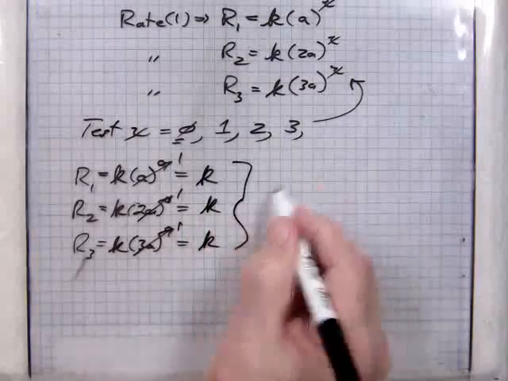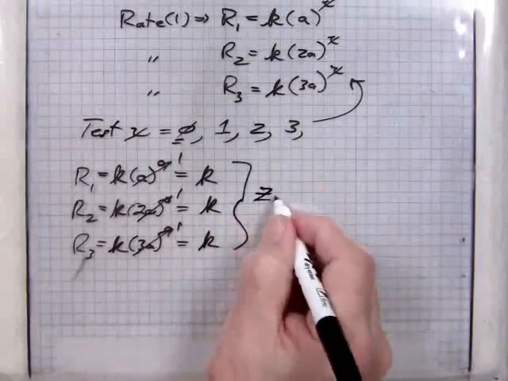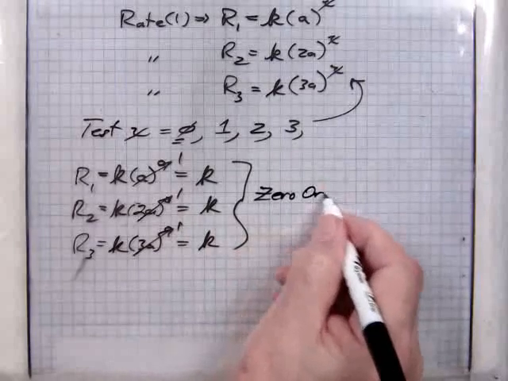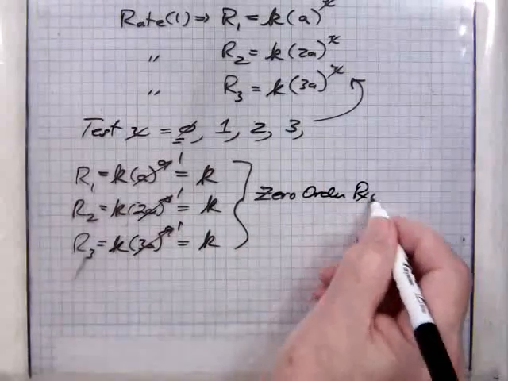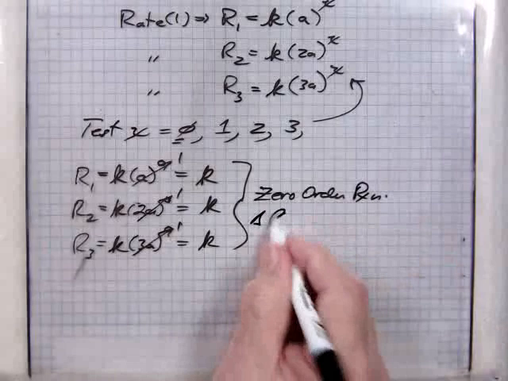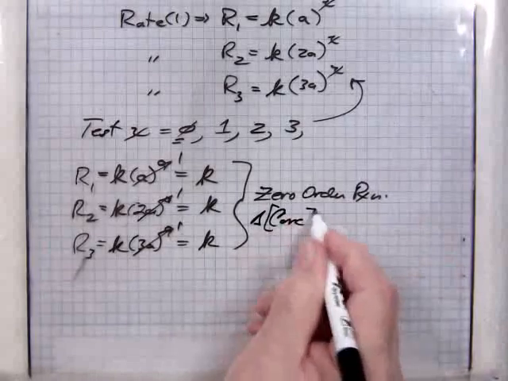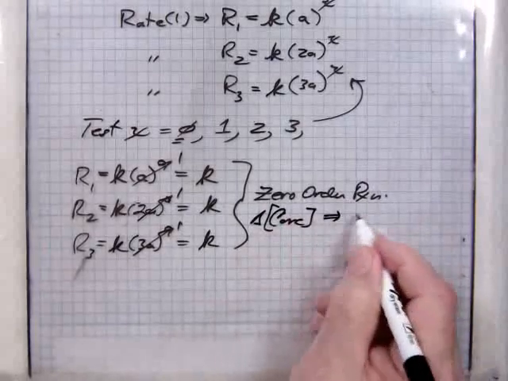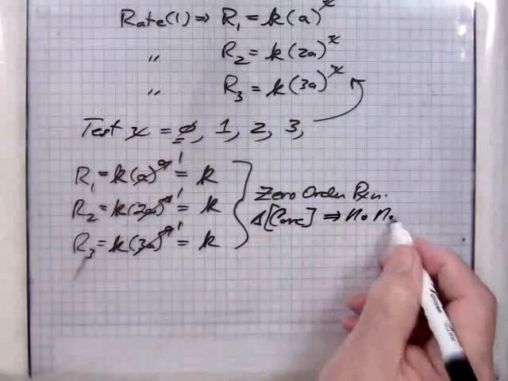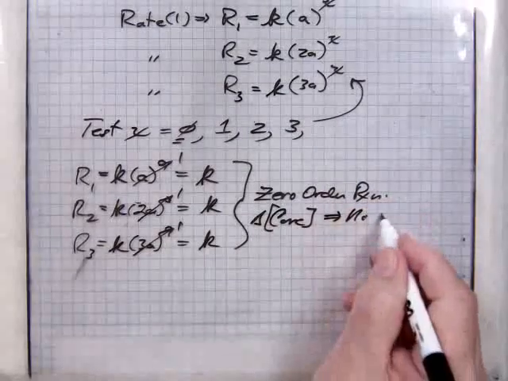This is called a zero-order reaction. Change in concentration yields no rate change, no change in rate.